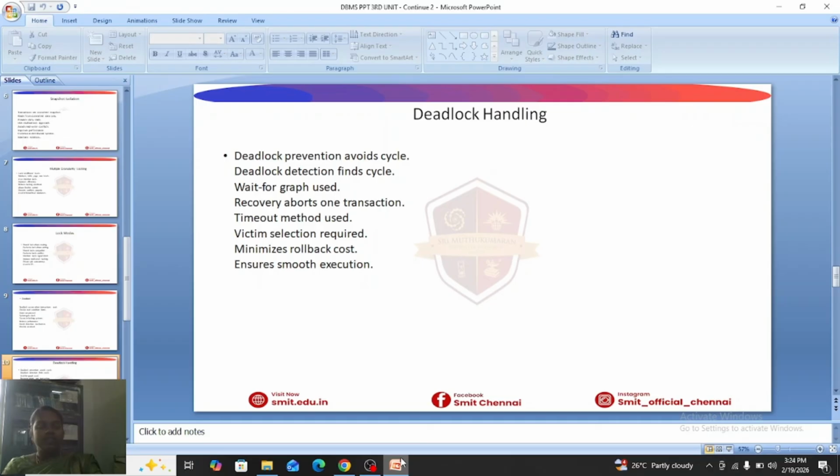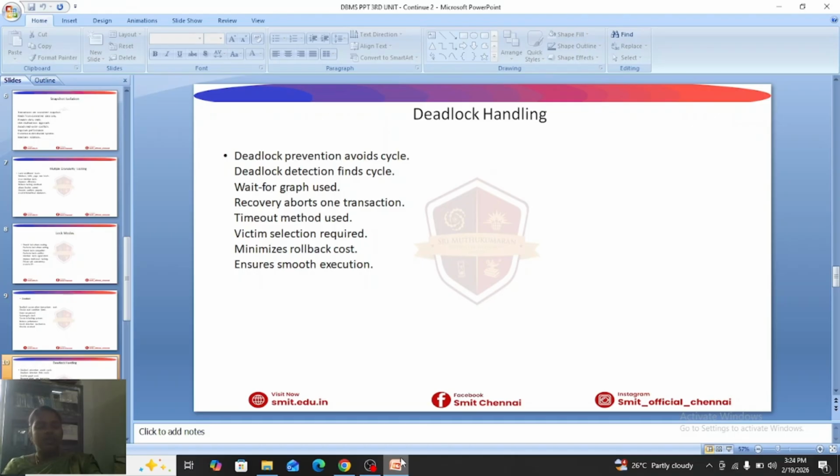There are three methods: deadlock prevention, deadlock avoidance, and deadlock detection and recovery. Deadlock prevention ensures at least one of the four necessary conditions for deadlock never occurs. Those four necessary conditions are mutual exclusion, hold and wait, no preemption, and circular wait.